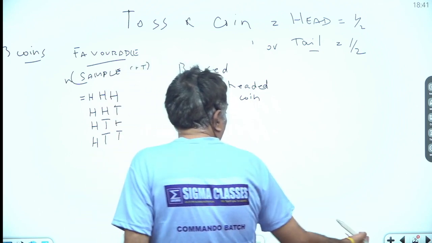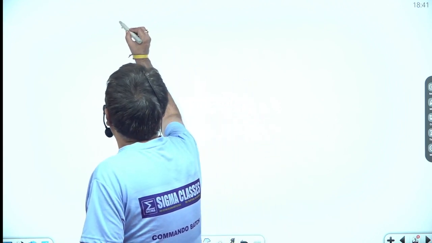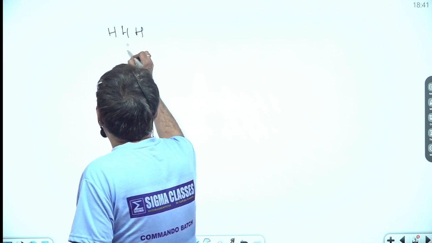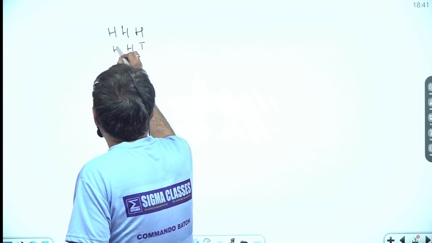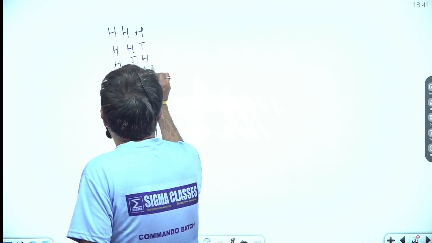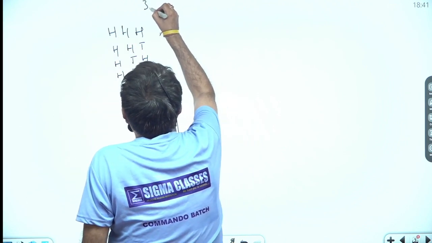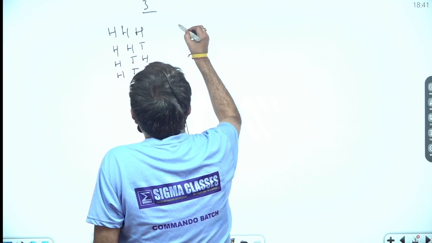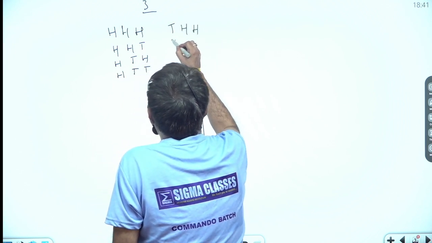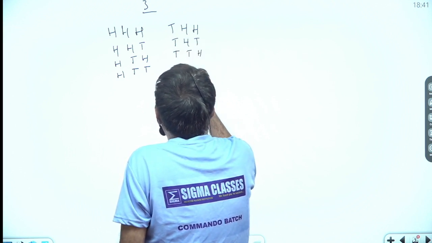So immediately you have four up here, and then coming back to HHH, HHT, and so on, this is when you have 3 and then you put T, HHT, THT, TTH and TTT.